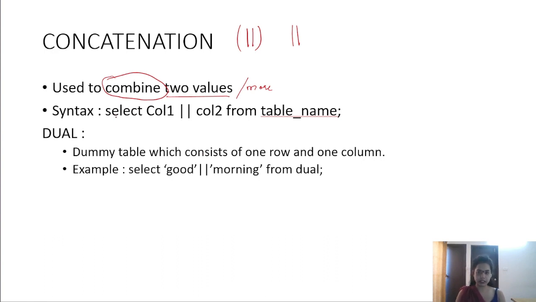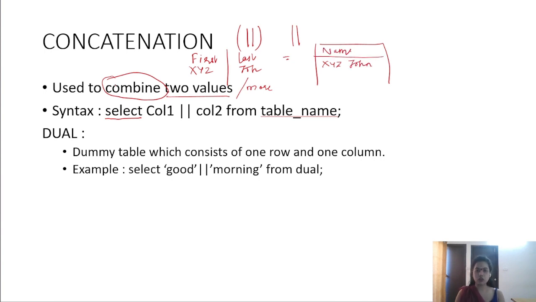Now the syntax is, of course, we have to use a select. Since we have entered into DQL, our syntaxes will always start with select, right? Suppose I have a first name column and a last name column, and I want the output as XYZ space John as a single column, as a name.